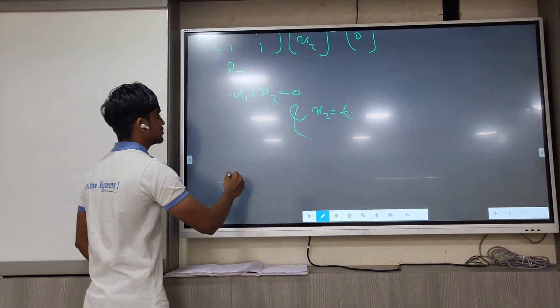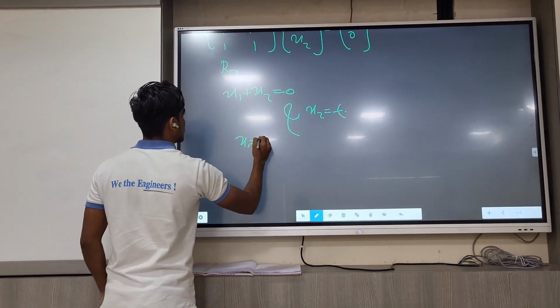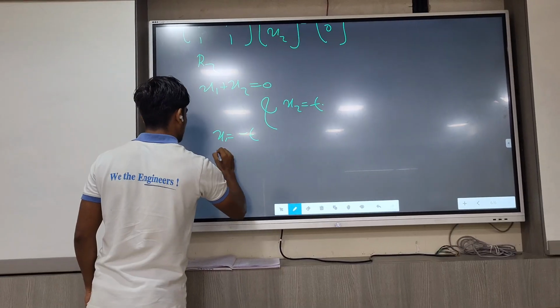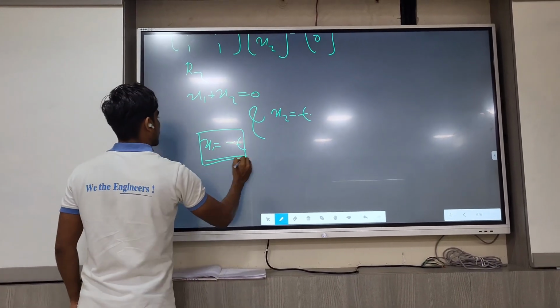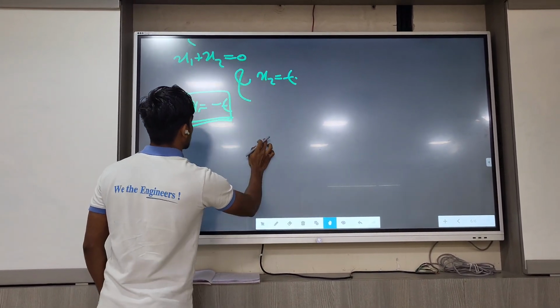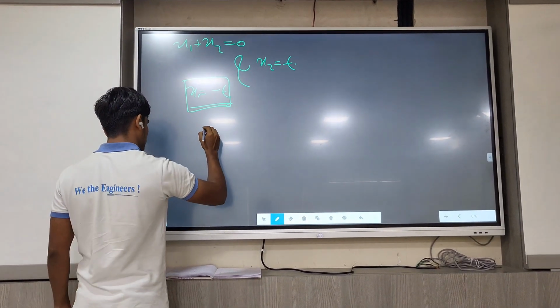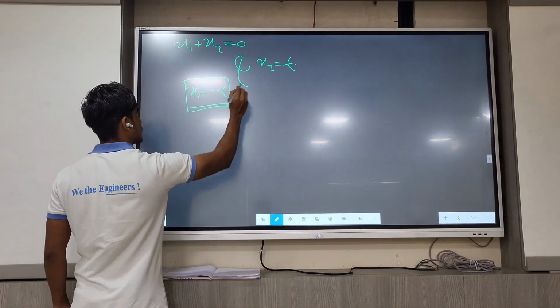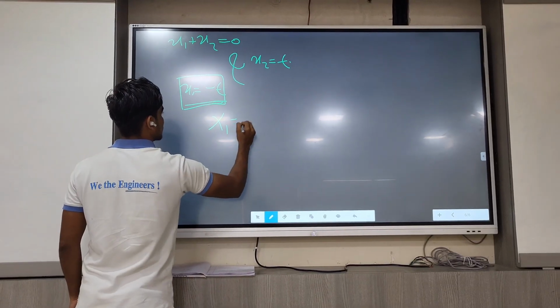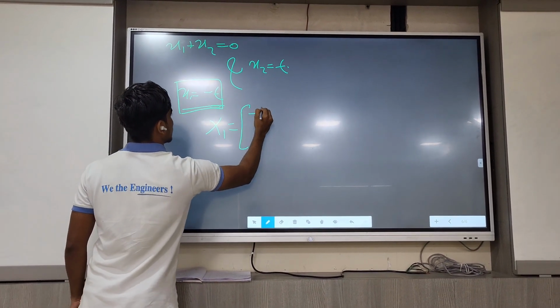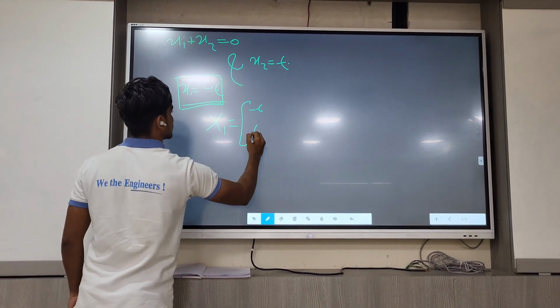After putting x2 is equal to t, we get x1 is equal to minus t. Firstly x1 is equal to minus t and x2 is equal to t.